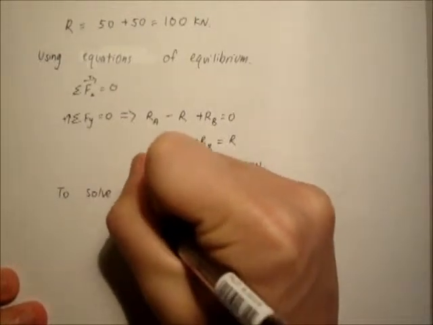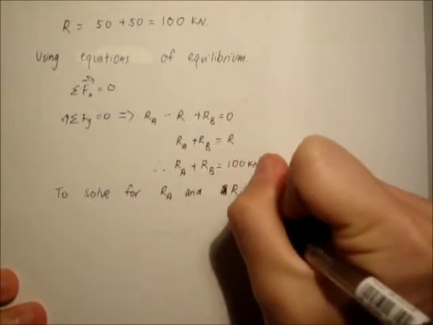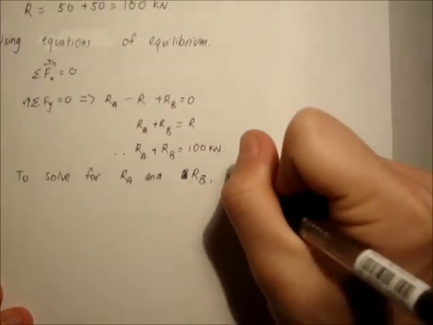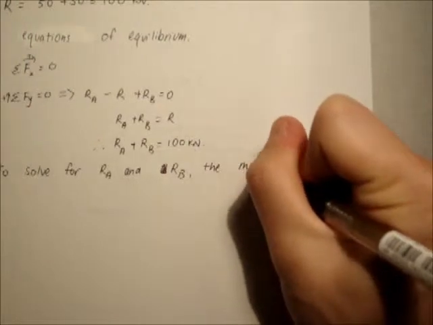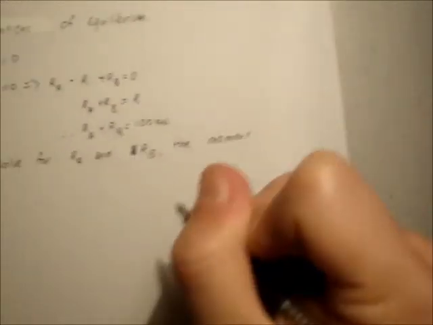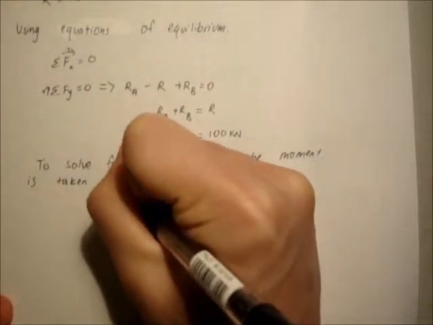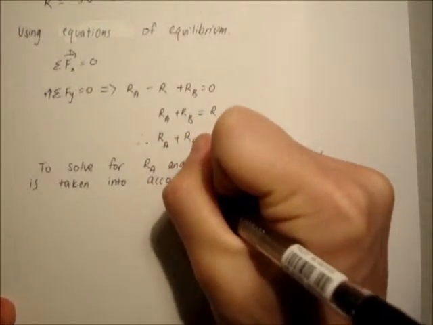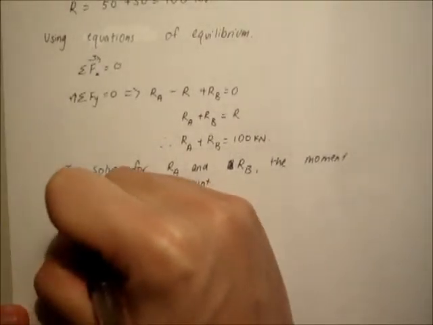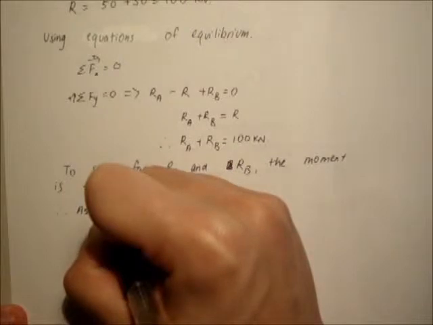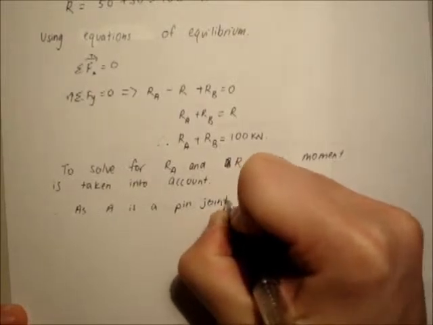To solve for RA and RB, the moment about A needs to be taken into account. Since RA is a pin joint, the moment about A is 0.